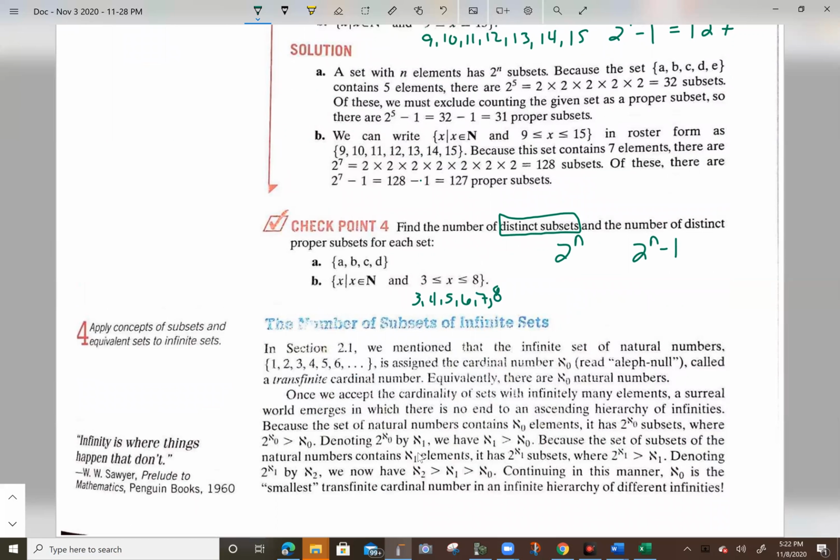All right, so now it's talking about the number of subsets of infinite sets. It says once we accept the cardinality of sets with infinitely many elements, a surreal world emerges in which there's no end to an ascending hierarchy of infinities, which is interesting.